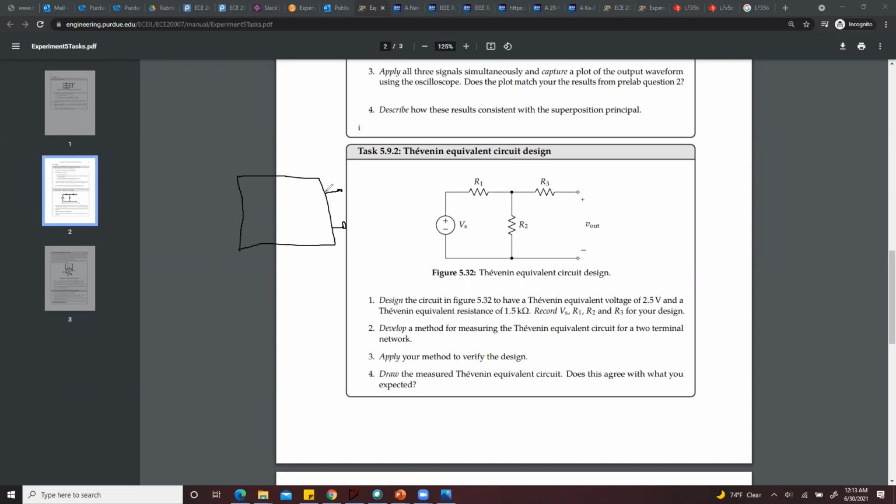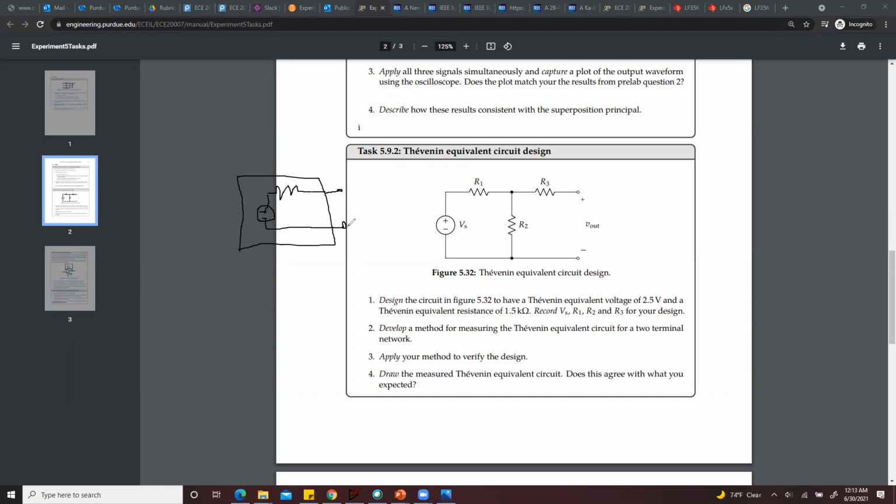What's inside this box is a resistor in series with a voltage source. But you don't know the value of this resistor, and you don't know the voltage of this voltage source. The only thing you can touch is these two pins.